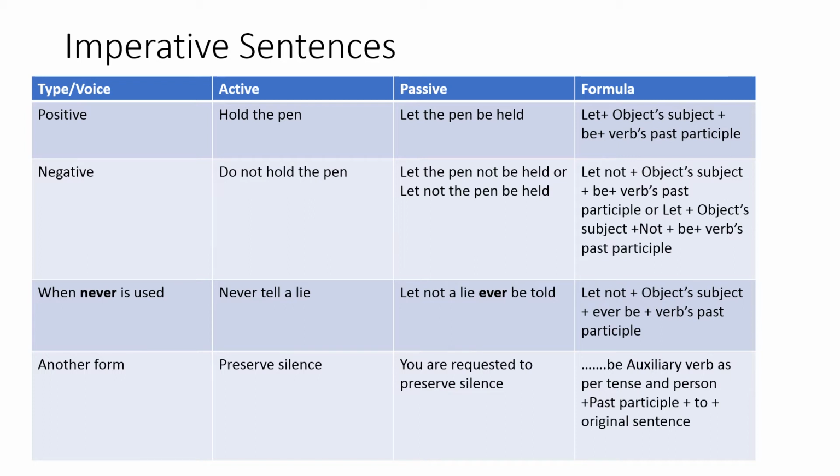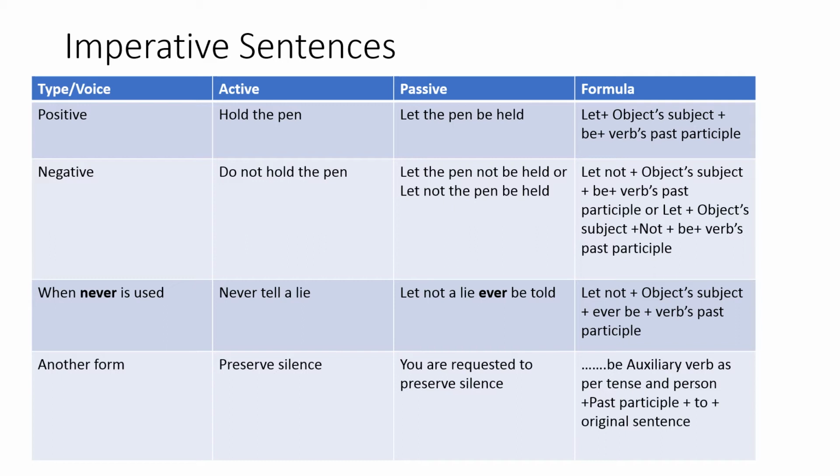Now let's move to another form. That's "Preserve silence." It is another way of doing a passive voice. As per our syntax, the subject will come, then the be verb, then the past participle, then "to," then you bring back the original sentence. So according to it, "You are requested to preserve silence."